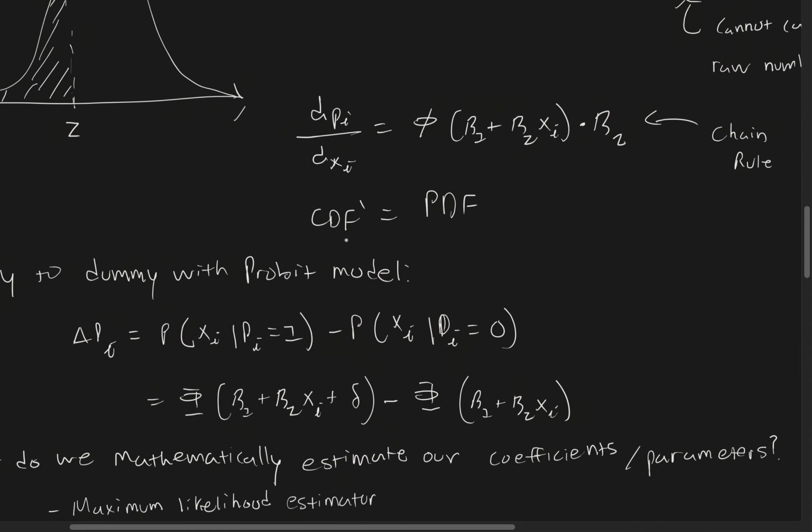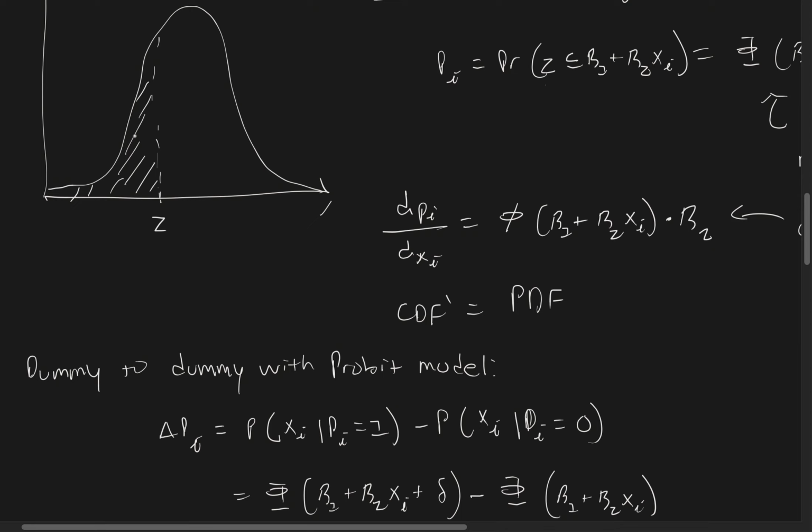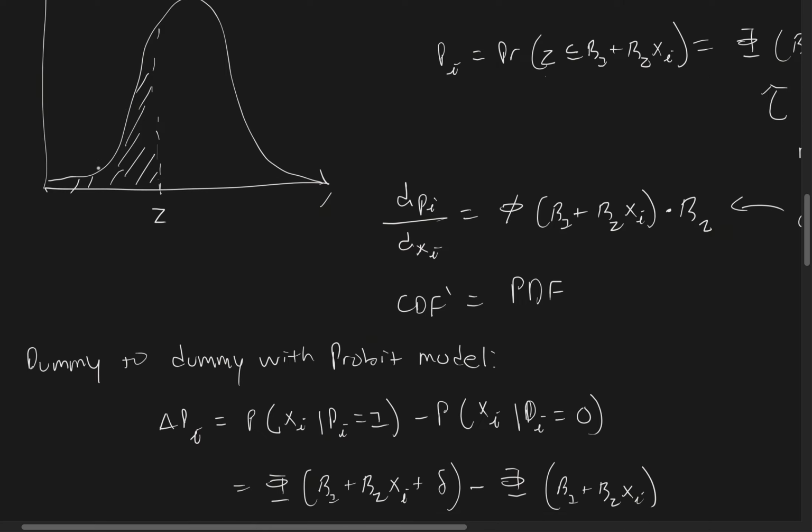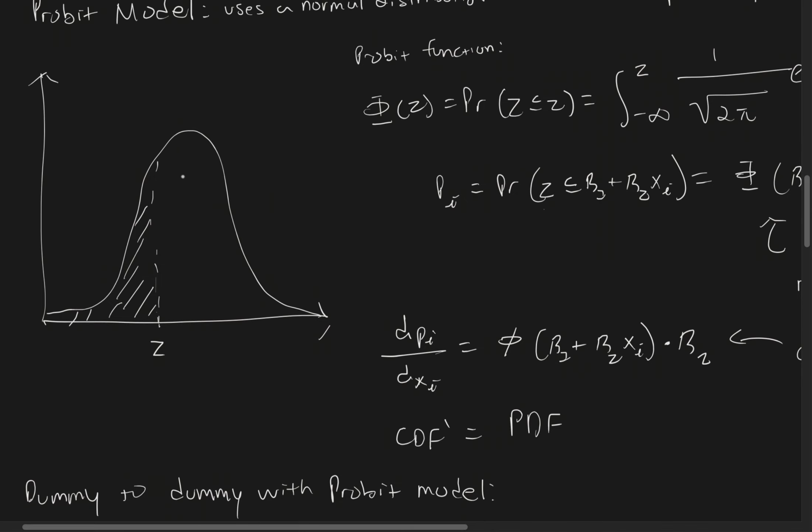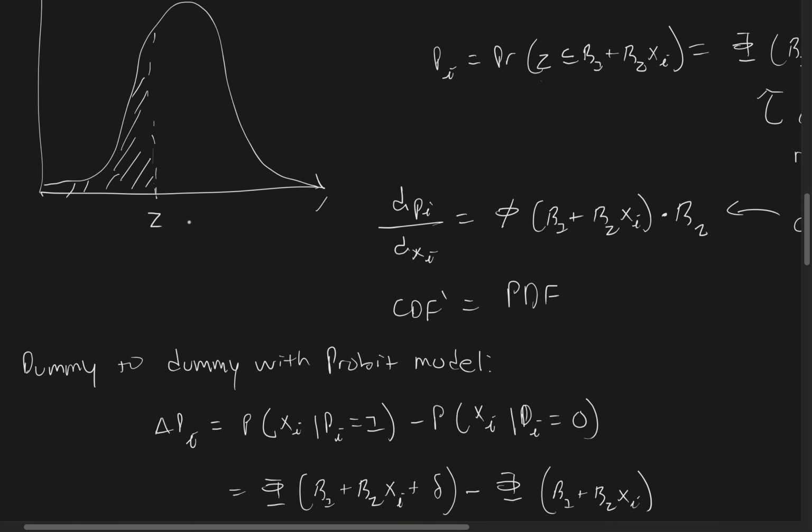Simply put, the derivative of the cumulative distribution function given right here is the PDF given by this curve. And this is the normal distribution, or I tried to make it as good as possible. Obviously it doesn't look like it, but that's what we're assuming.